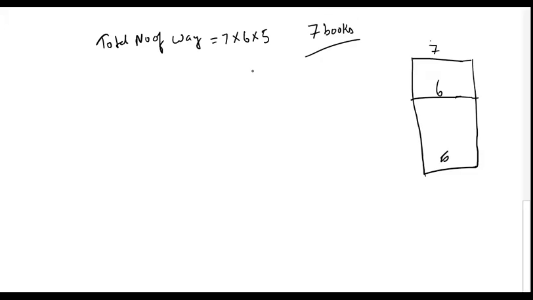Now think about it. We have 5 into 6 into 7. Now how can you convert this into factorial? If I have to convert this into 7 factorial, what do we have to do?